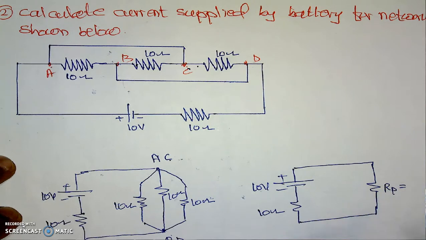This RP is nothing but, here I will do the calculation. Here this is 1 upon RP final value, which is equal to 1 upon 10 plus 1 upon 10 plus 1 upon 10. Here in this case, if I am calculating that value, it is 1 divided by 10. This value is coming to be 0.1. Means here it is 0.1 plus 0.1 plus 0.1.